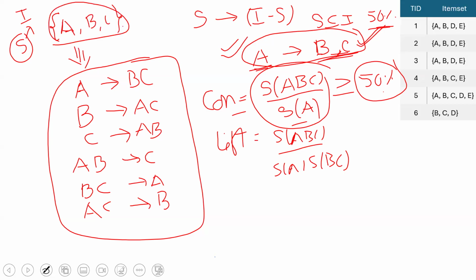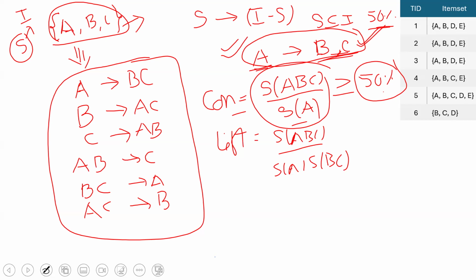How did we derive the frequent item set? By following the naive approach or the Apriori approach. We created all possible item sets and then calculated the support of each item set, and then we validated if the support of that item set is greater than or equal to the minimum support. Once that is satisfied, that becomes a frequent item set. From the frequent item set, you are deriving the association rules.